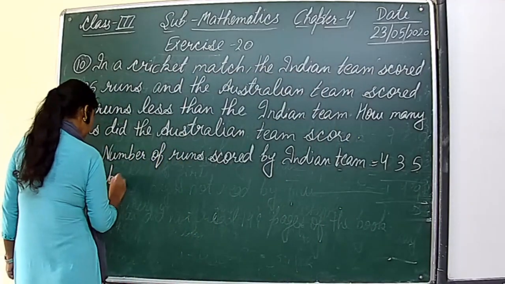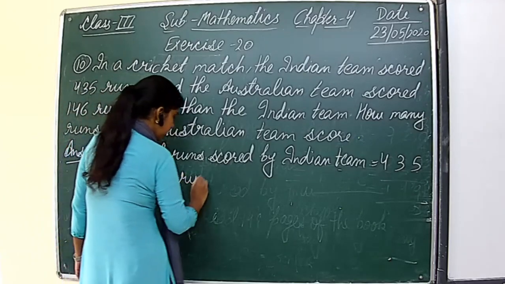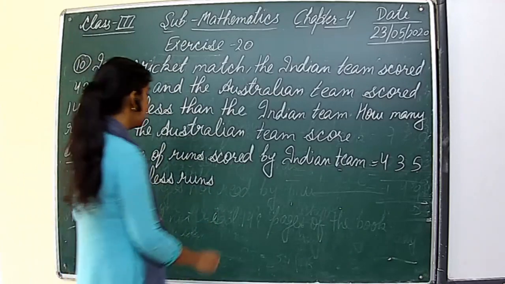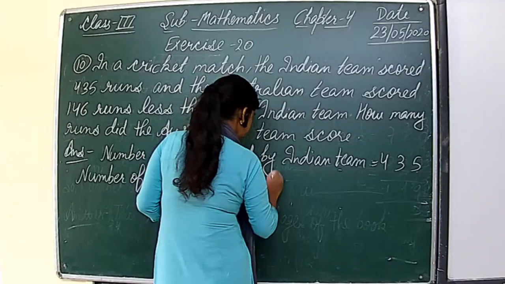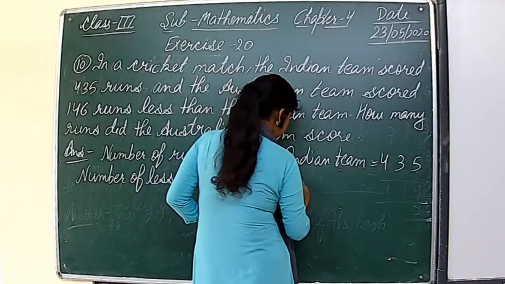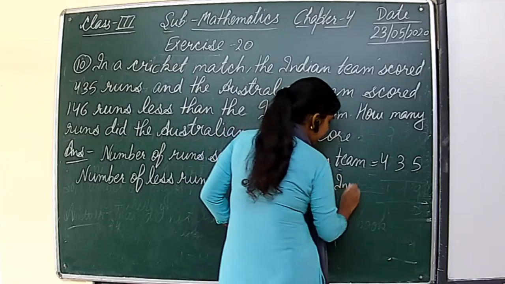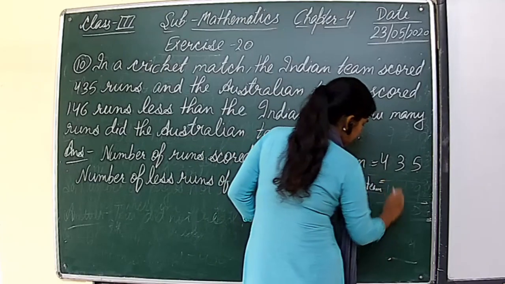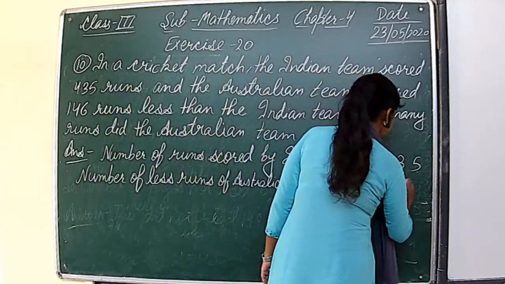Okay. Number of less runs of Australian team than Indian team is equal to 146.